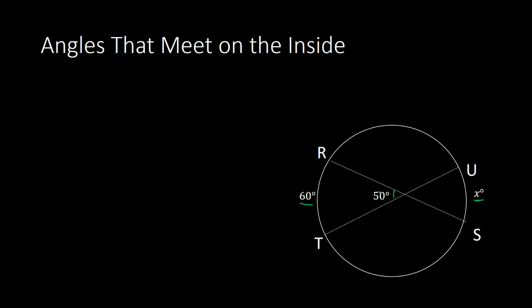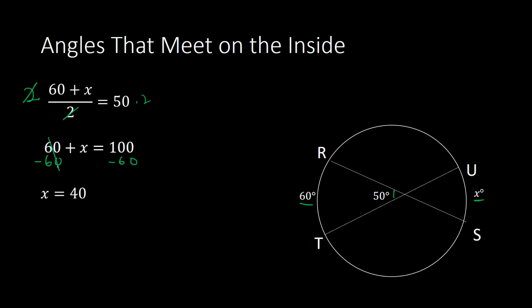So to find the average, I add 60 plus x divided by 2, and that's going to equal 50. So I have an equation here that I can solve by multiplying both sides by 2. So when I multiply the left side by 2, this would cancel, and I have 60 plus x equals 100. And then subtract 60 from both sides, and now I have x equals 40. So this arc measure over here would be 40 degrees.